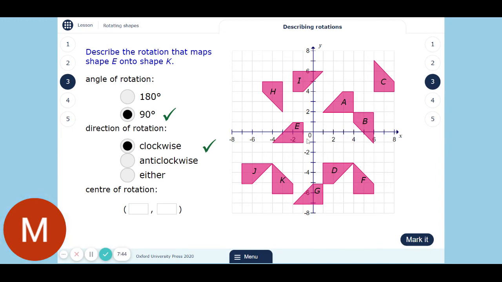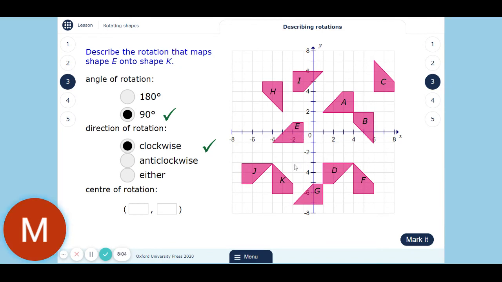And the center, it's more tricky to find the center here because you are going to just have to think it's not just in the middle, because if you join these two up, that's not the same place as when you join these two up.